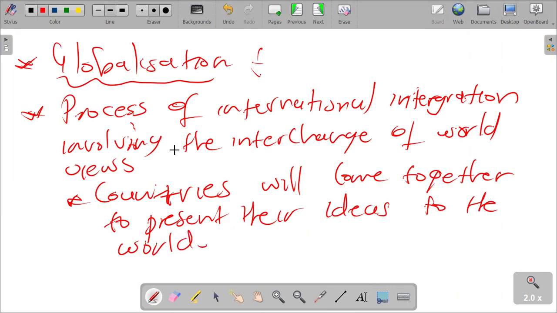So here it is: the process of international integration involving the interchange of world views.